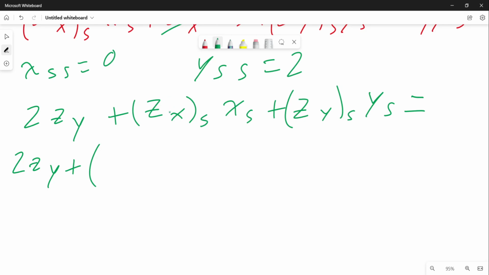Zx, that is the z with derivative with respect to x. This still has both x's and y's in it. We have seen that even though it's an x derivative, it might have both x and y's. So we need to go through x and y.